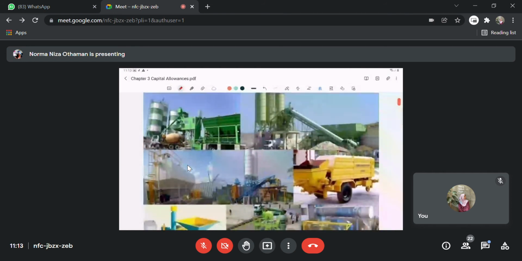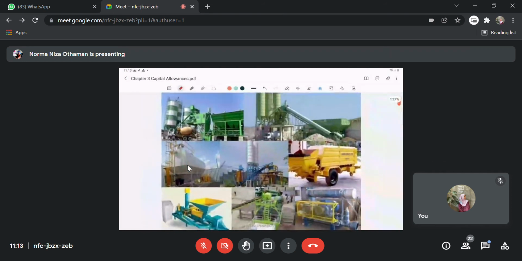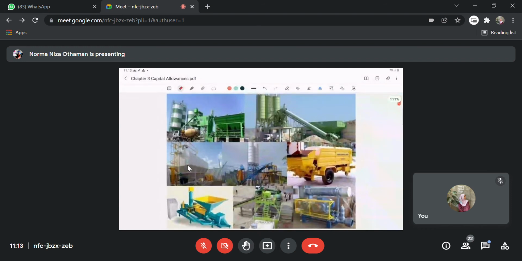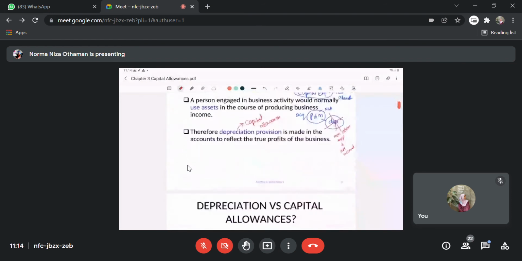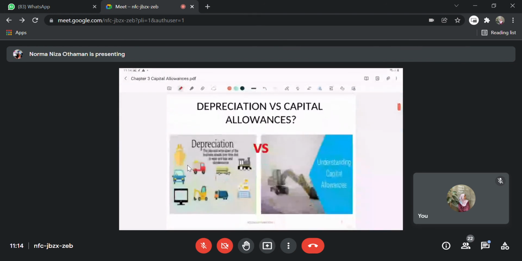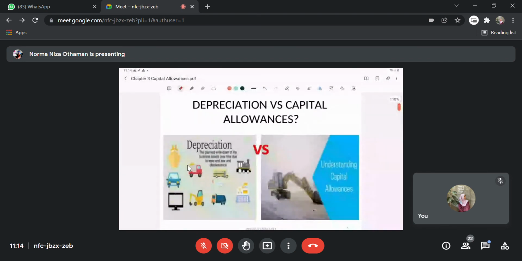So this is a picture of plant and machinery. So you boleh tengoklah. Right, kita ada contoh-contoh plant and machinery. Okay, so yang ini konsep dia tadilah depreciation versus capital allowances. So depreciation is not allowed in the tax purposes, tapi kita benarkan the capital allowances.